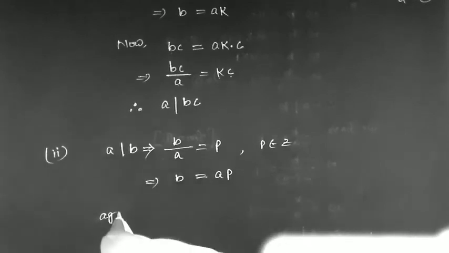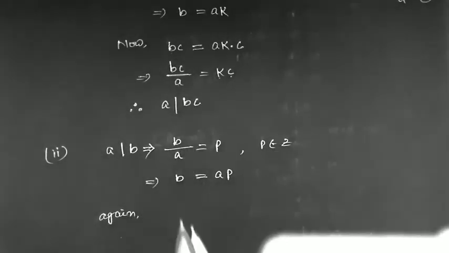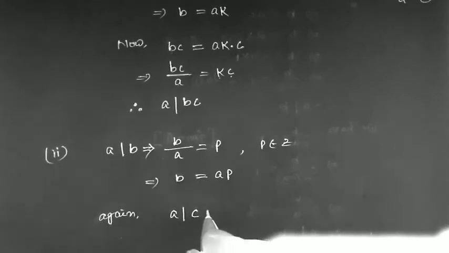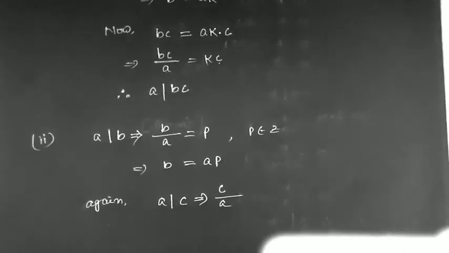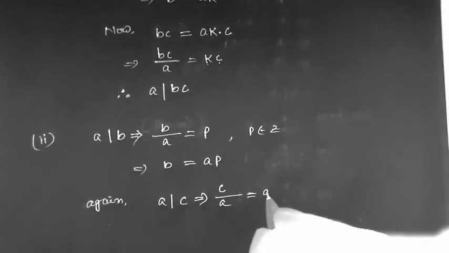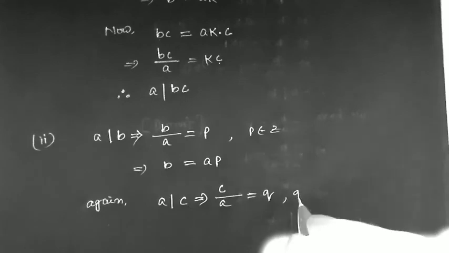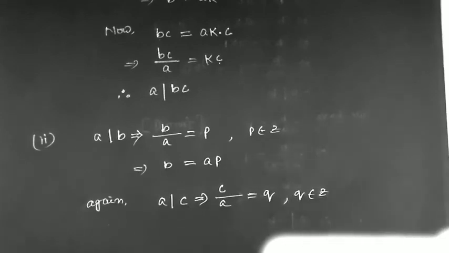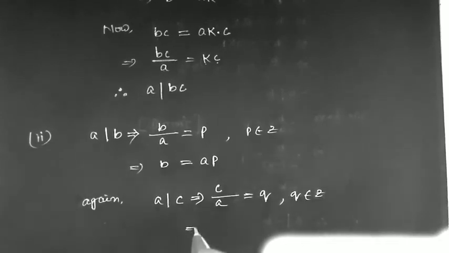Again, a divides c. So this can be written as c by a. When a divides c, we will get some integer. Suppose this is q, where q belongs to Z. Now see here, c will be equal to aq, no? c is equal to aq.